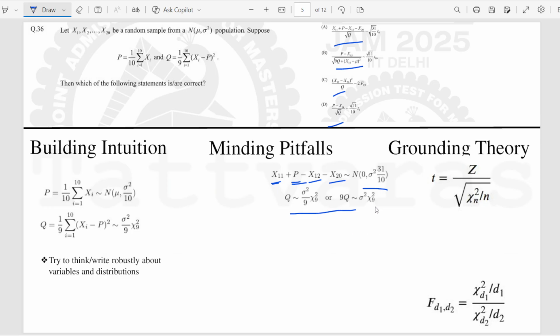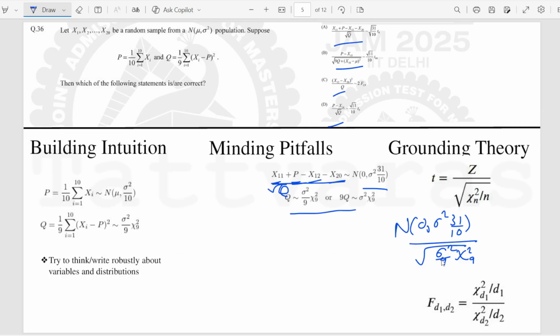So essentially this thing, when we scale it by root over q, is like scaling normal 0 sigma square by the square root of sigma square chi square n.